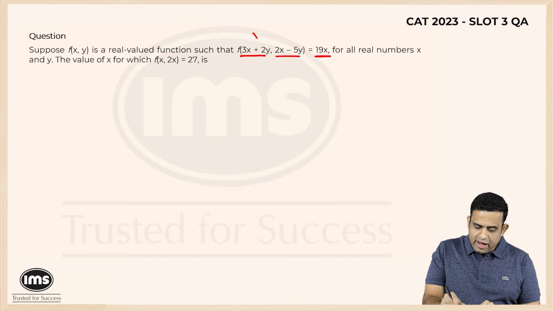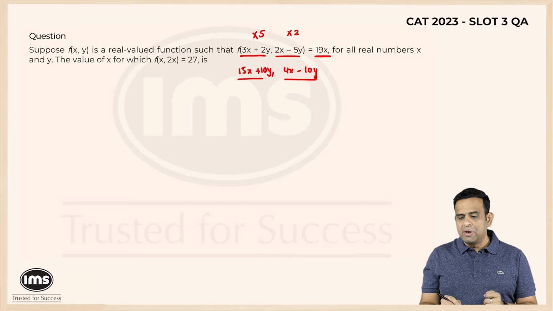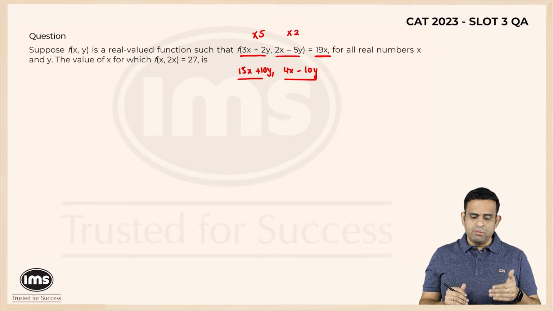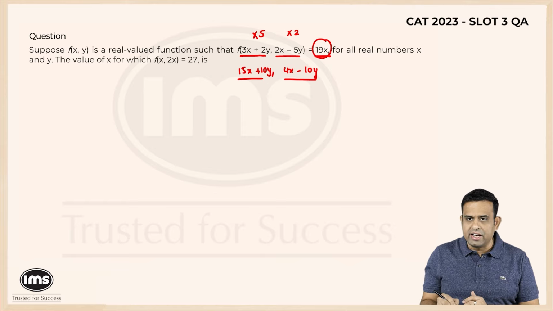So if I multiply this part by 5 and this part by 2, one gets 15x plus 10y, and this would become 4x minus 10y. If I add the two, the y term gets cancelled out and one gets nothing but 15x plus 4x, giving you the term 19x.